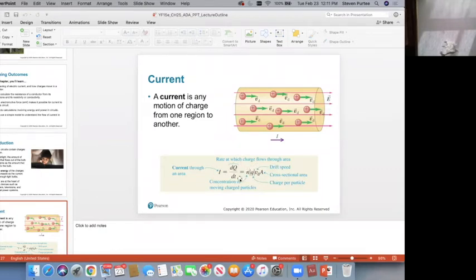One way you could physically measure current is figure out the concentration of charge particles you have in your material, some kind of charge density, times that charge, times the speed at which those charges are moving, times your cross-sectional area. This will give you, if you just look at the unit analysis, charge per unit volume in here. Just look at the unit analysis, you get coulombs per second.